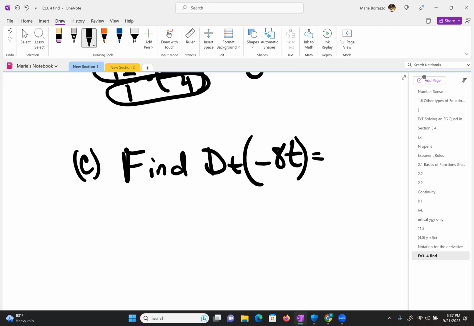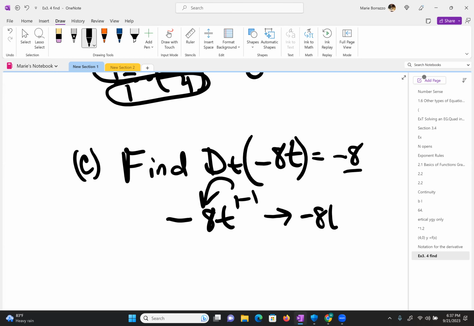Does it cancel out? It does. It just cancels out because what you have here is negative 8 t to the first power. 1 times negative 8 is negative 8. But we're going to take away 1, which leaves us with negative 8 t to the 0 power. Anything to the 0 power is 1. So you have negative 8 times 1, which is negative 8.